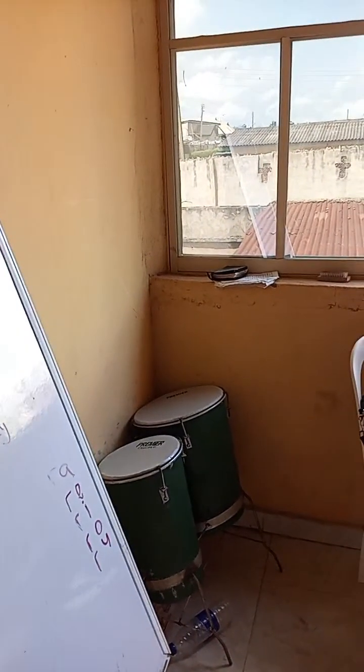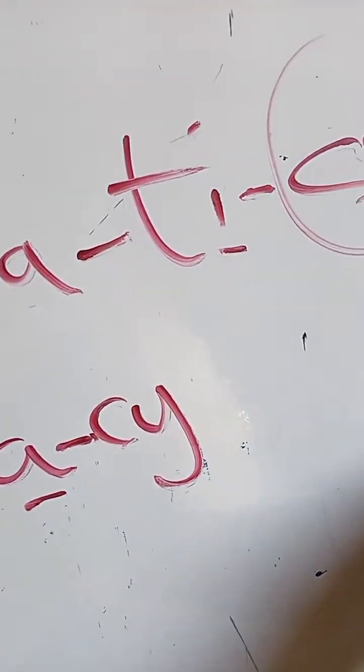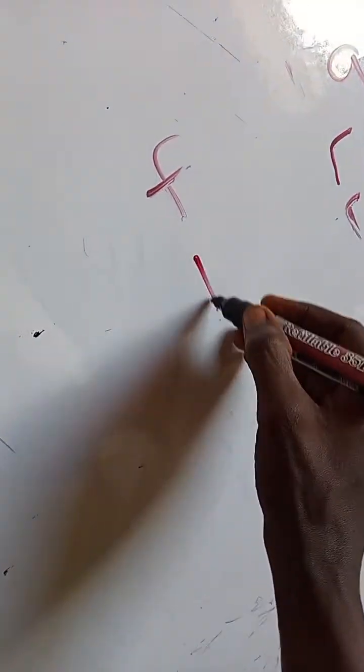PH, F again. So why did it mention F before? You see, that's one of the problem here. When you hear F, some can come from F, can come from PH, and some can come from FF.